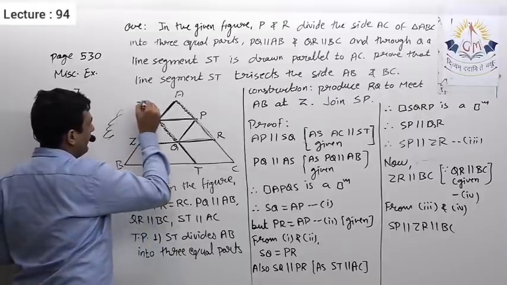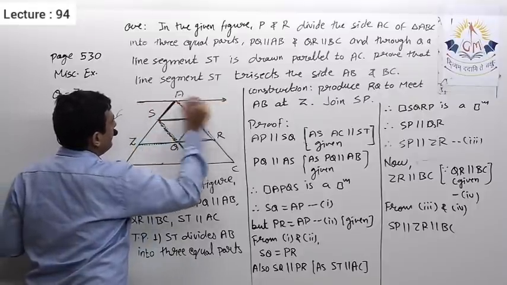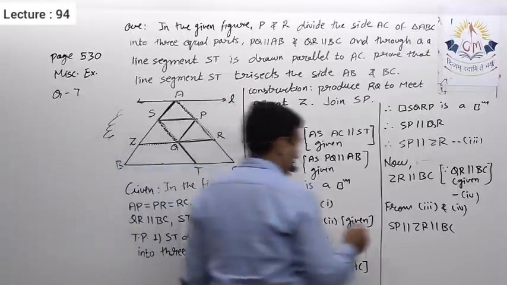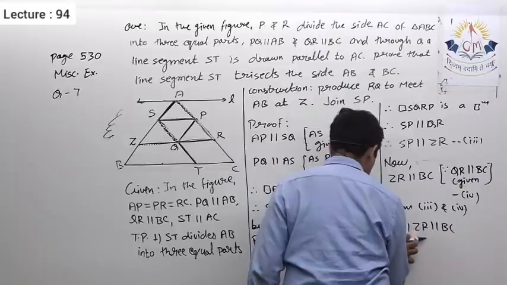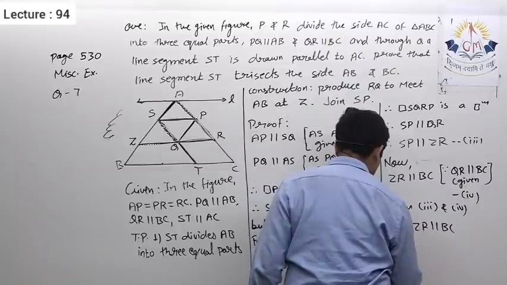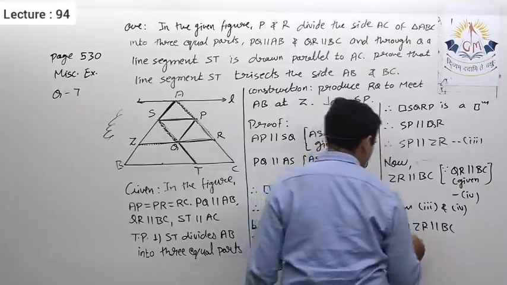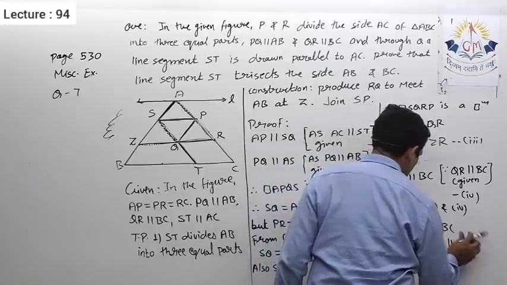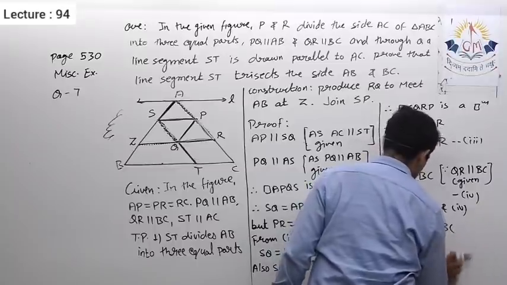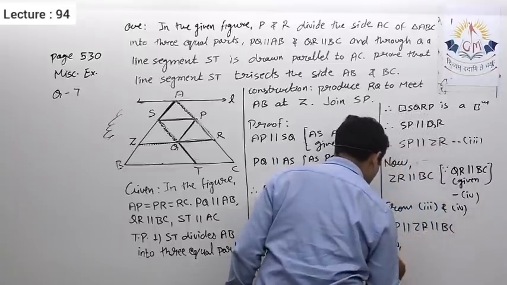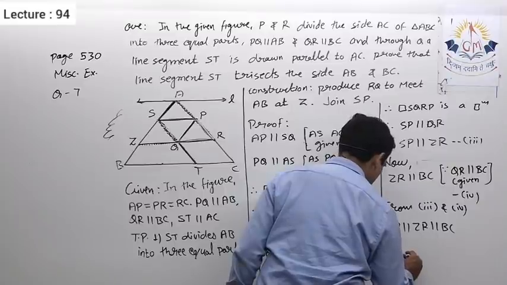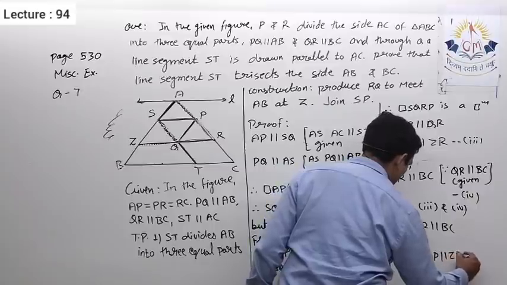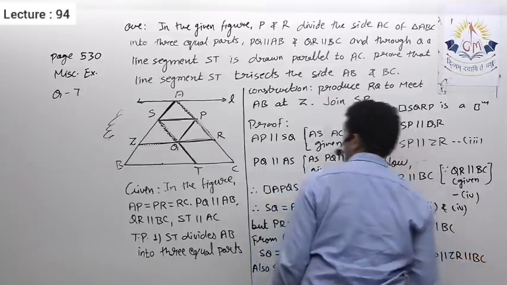Now there is a line passing through A. Now draw L parallel to SP, parallel to ZR, parallel to BC.